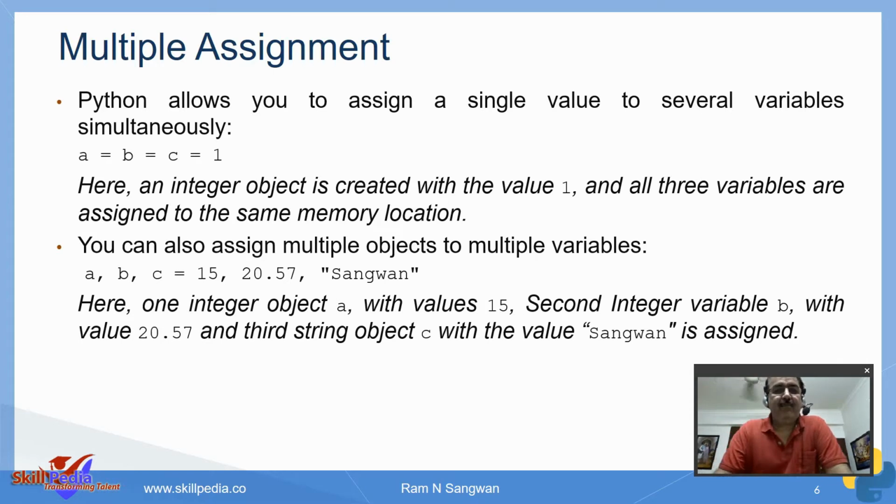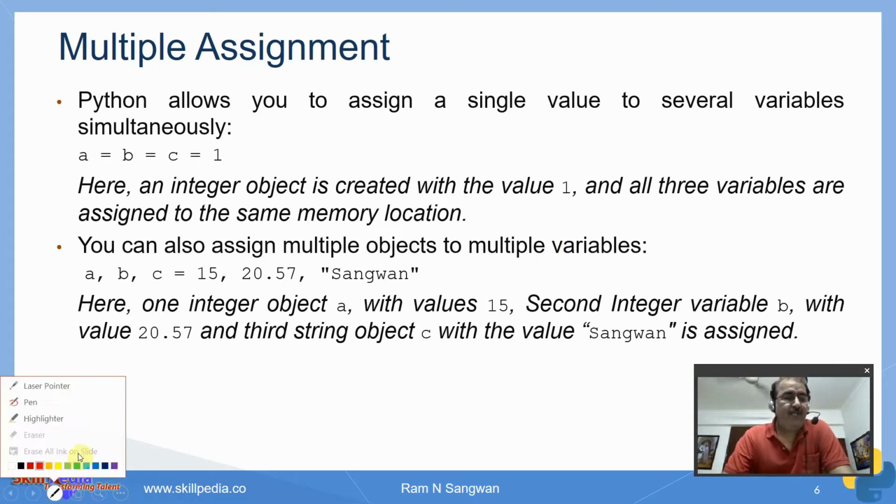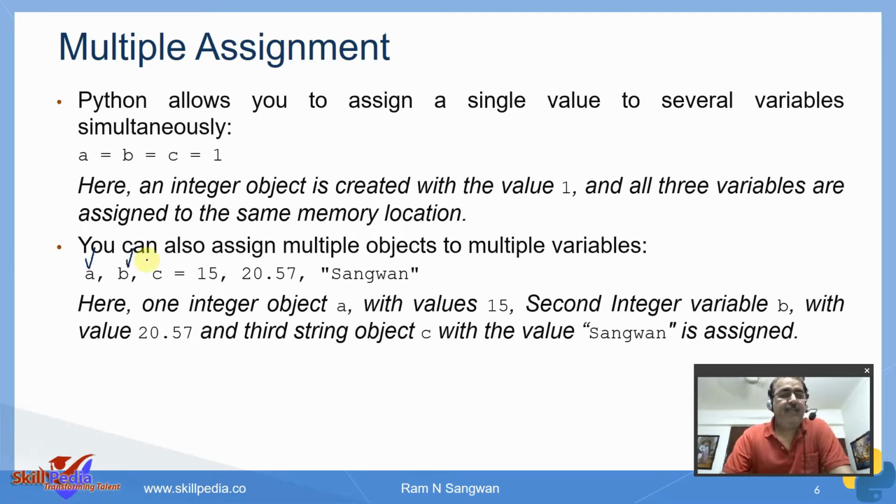You can also assign multiple objects to different values. Let's observe this a little carefully. Look here, A, B and C equals 15, 20.57 and sang1. So A will have value 15, B will have value 20.57 and C will have value sang1.